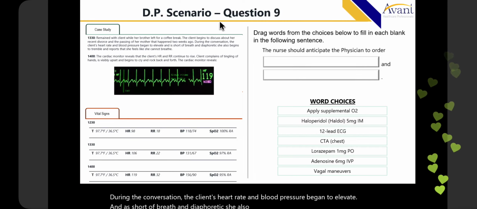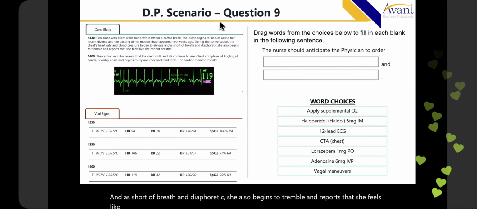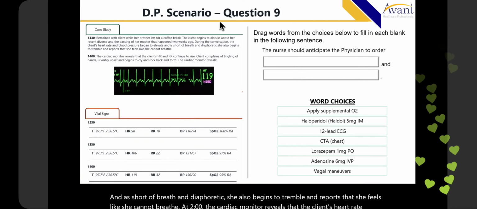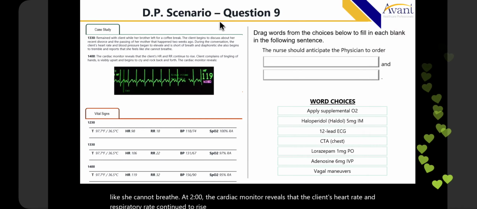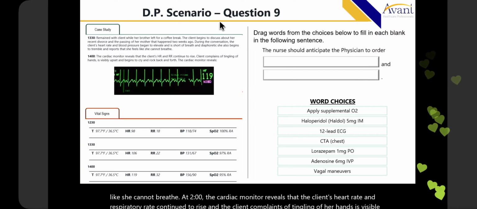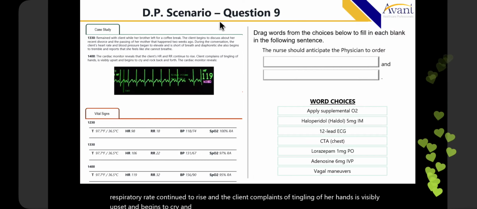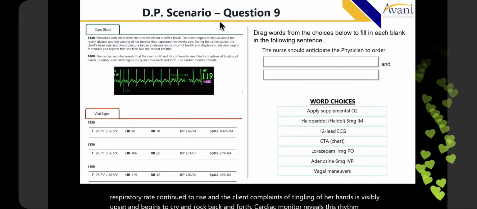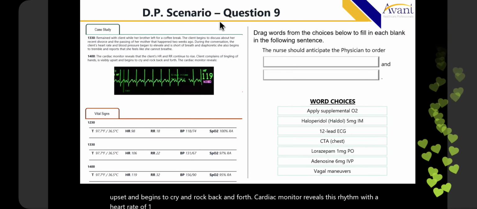She also begins to tremble and reports that she feels like she cannot breathe. At 2 o'clock, the cardiac monitor reveals that the client's heart rate and respiratory rate continue to rise, and the client complains of tingling of her hands, is visibly upset, and begins to cry and rock back and forth. Cardiac monitor reveals this rhythm with a heart rate of 119.